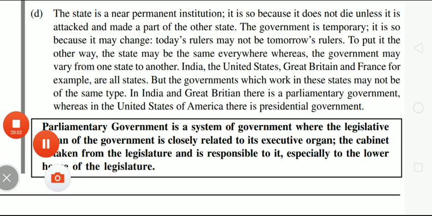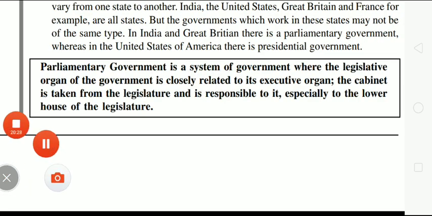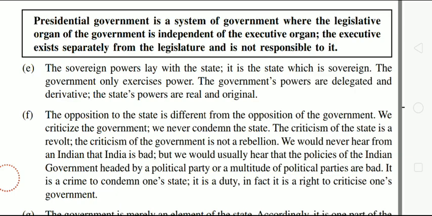The cabinet is taken from the legislature and is responsible, especially to the lower house of the legislature. Presidential government is a system of government where the legislative organ of the government is independent of the executive organ. The executive exists separately from the legislature and is not responsible to it.